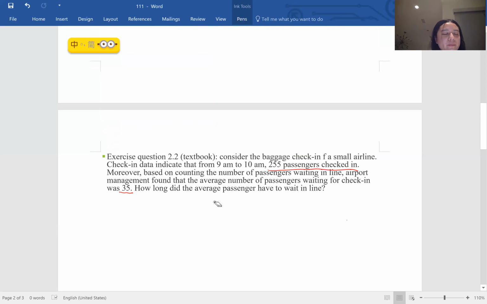So for this one, we have two numbers. The first one is 255 passengers checked in, and the second one is in the wait line. The number of waiting passengers is 35. So from here, we know that the 255 can be treated as the flow rate.